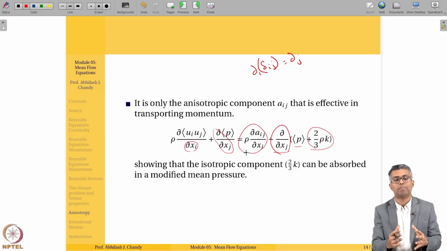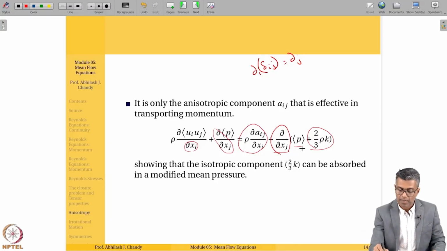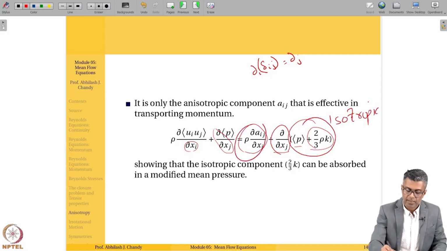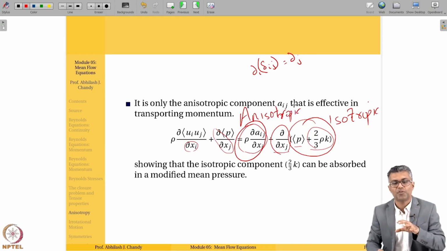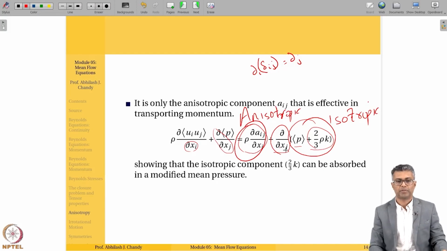So then you have one big isotropic part in here. So this is isotropic, and this is anisotropic. So what we have done is we have absorbed the 2/3 K into the pressure.